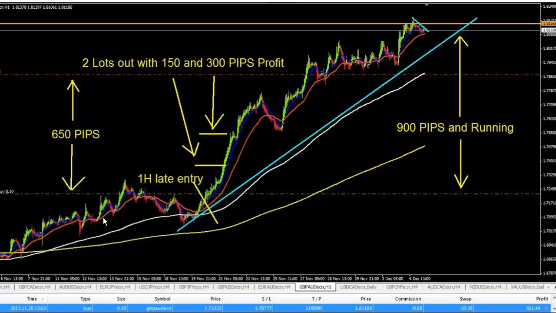So that's a wonderful trade. And 900 plus 300, 1,200, 1,450 pips if you would close it right now. Right, it's a really good trade.